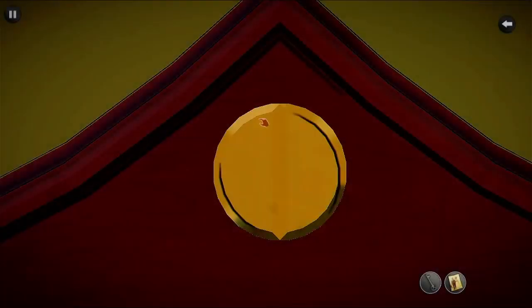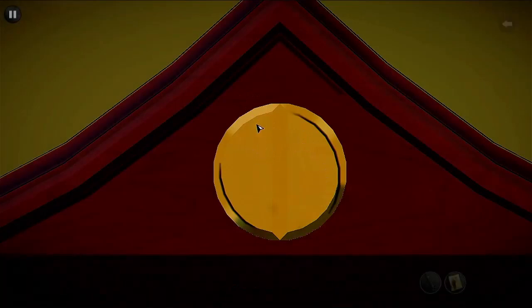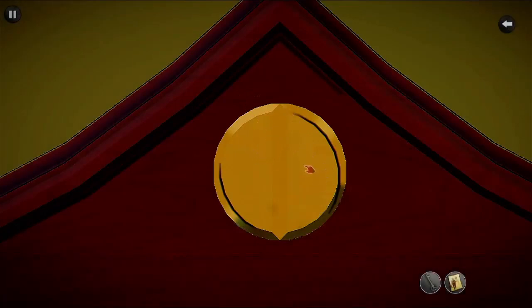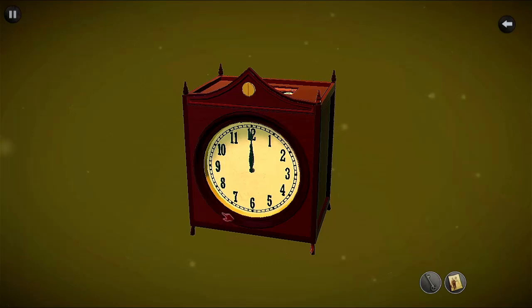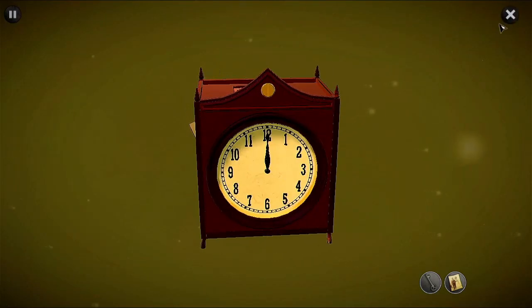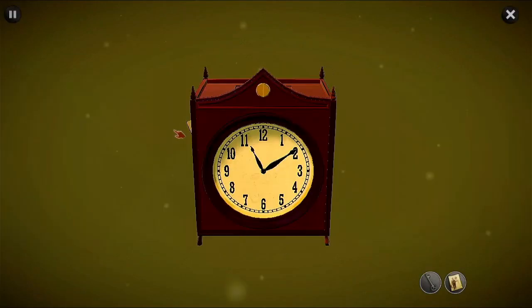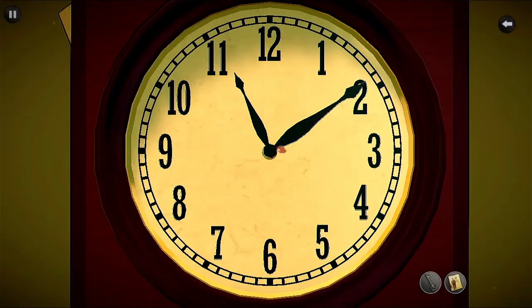Maybe this? Can we unscrew this metal disc? Can we use the key? No. I feel like I've gone wrong here somewhere. Let's go out and go back in. Okay.